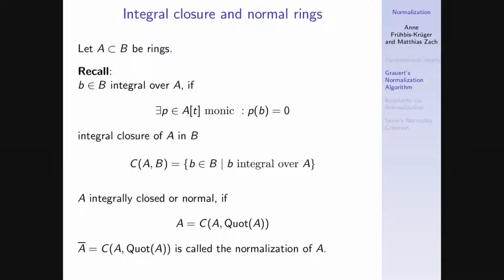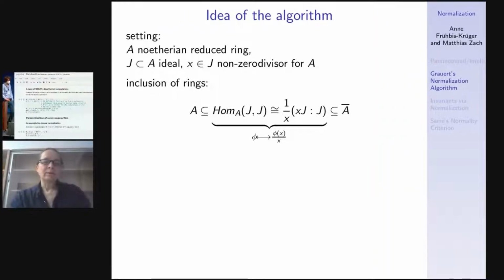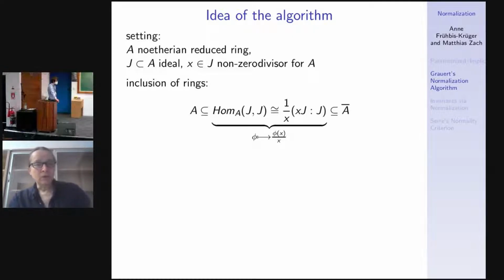And I hope that up to that point, I didn't tell you anything new. I just recall things that you heard at some point in the past. Now, our setting is we are in a reduced Noetherian ring A, J is an ideal in A, and x is a non-zero divisor for A, being an element of J.